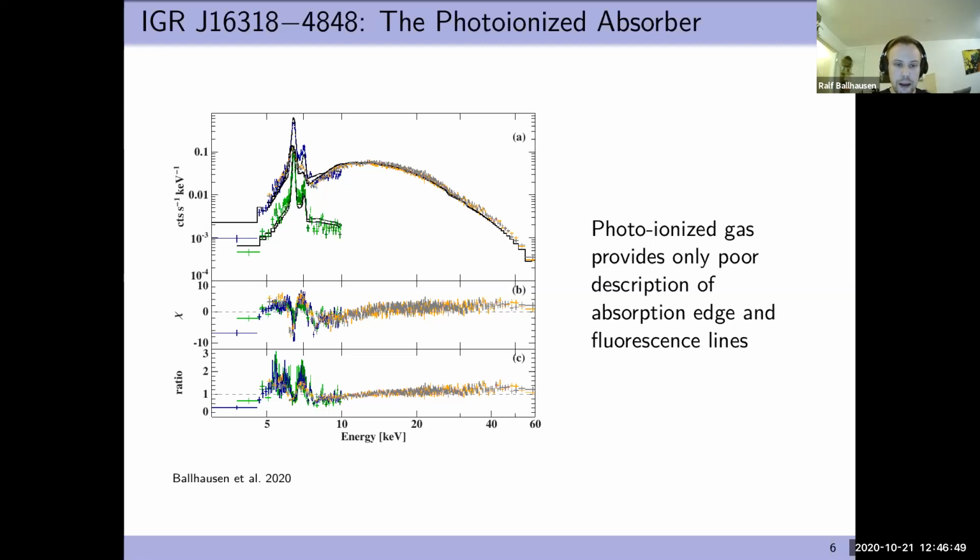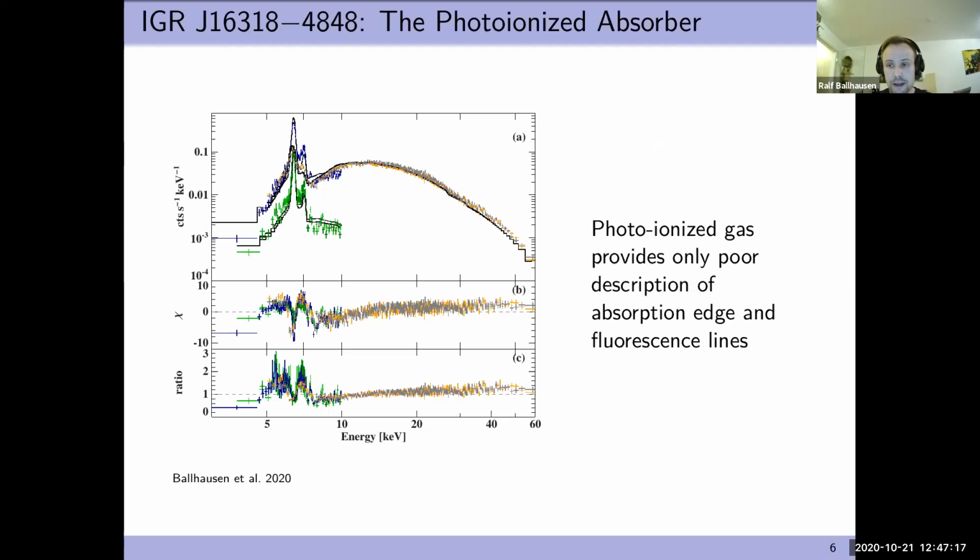And the other question about the geometry that is also connected to this is what this modeling attempt showed by reproducing the strong line flux: you need a high covering fraction, basically like a spherical absorber.